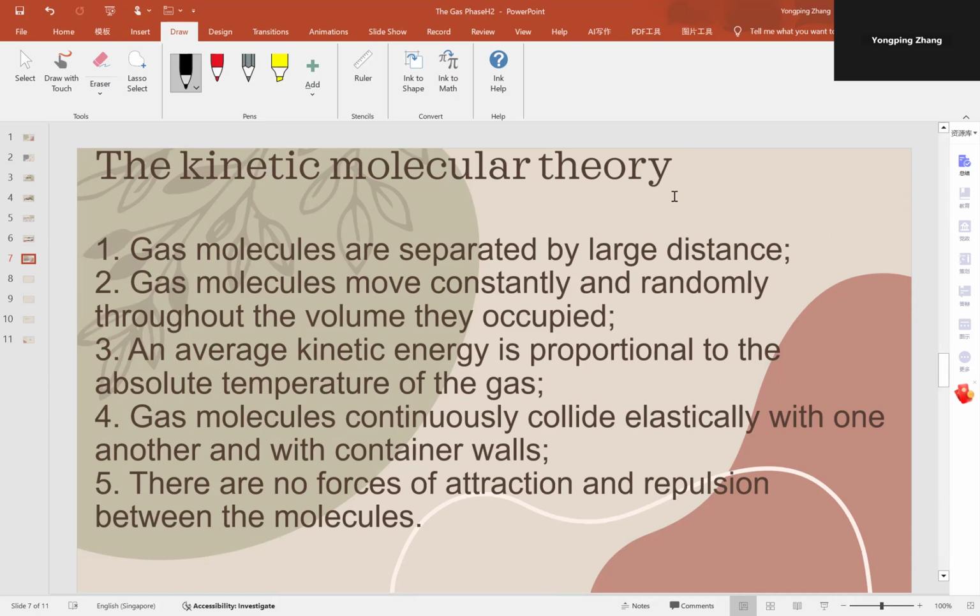In this chamber, we have molecules with large distances between them. Molecules move constantly and randomly, colliding randomly and elastically with other molecules and the walls.